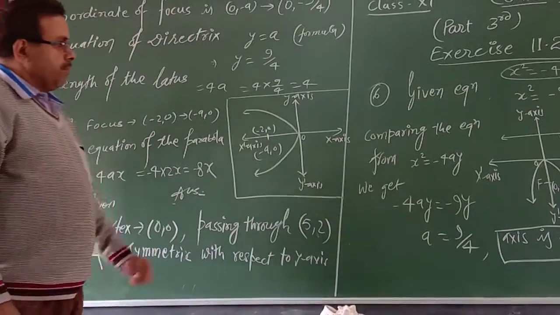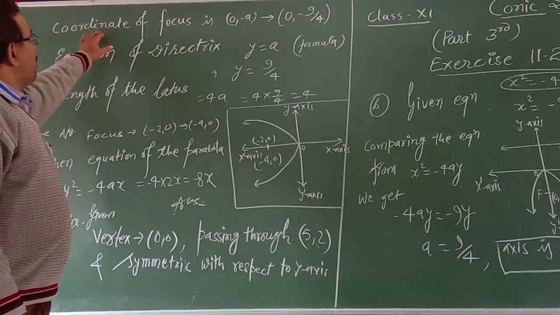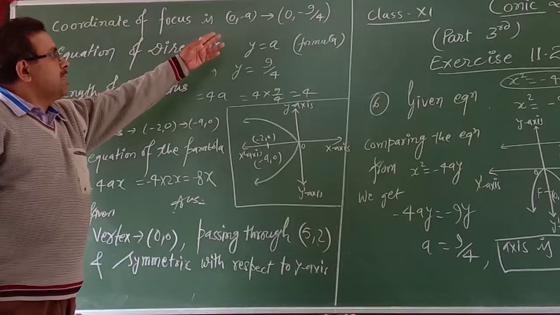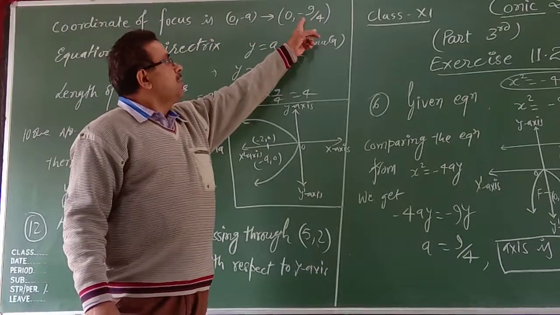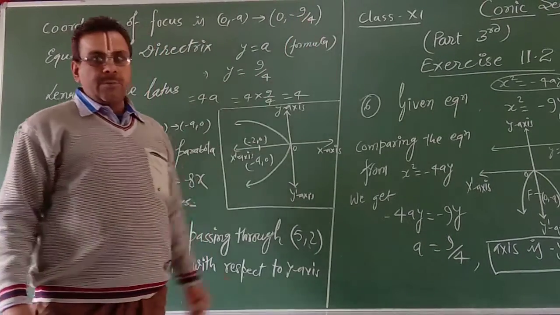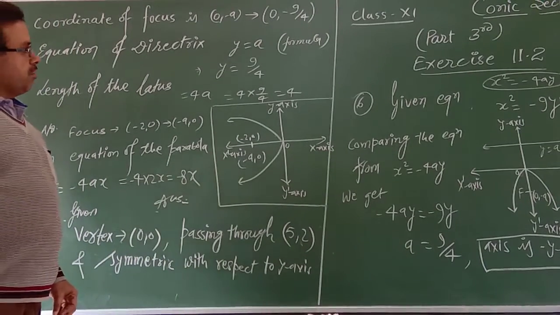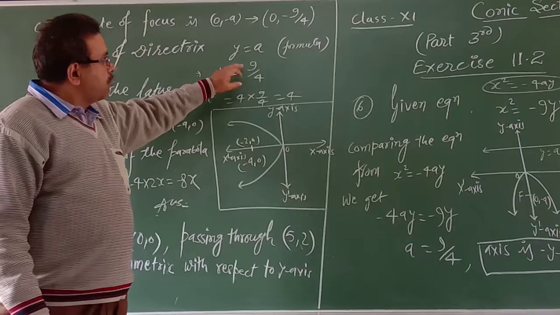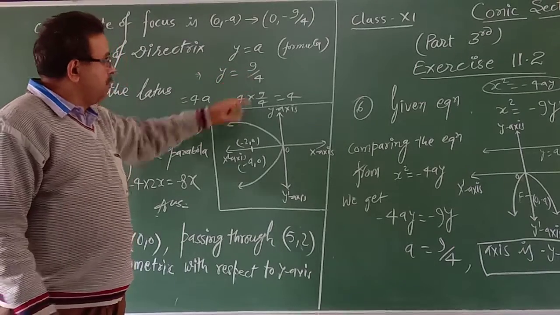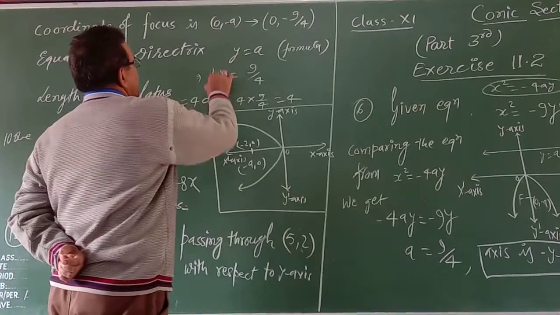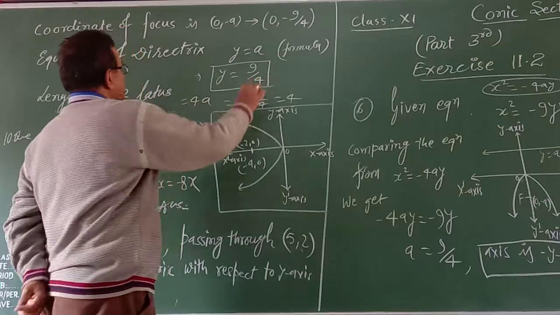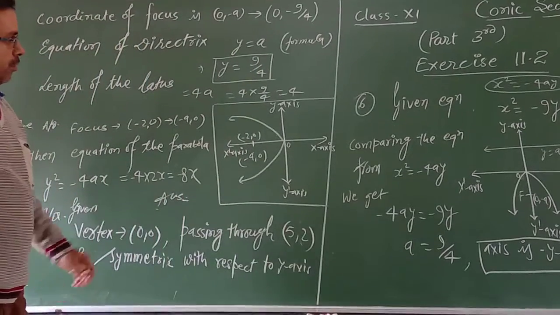On this way, we will get coordinate of the focus is 0, minus a. So 0, minus 9 by 4. And equation of the directrix is y equal to a. It is formula. So the value of a equal to 9 by 4 is the equation of the directrix, and the length of the latus rectum is equal to 4a.